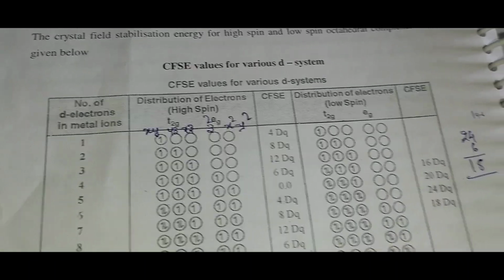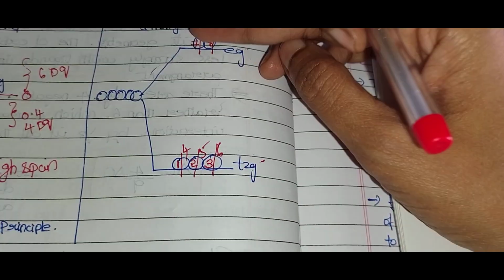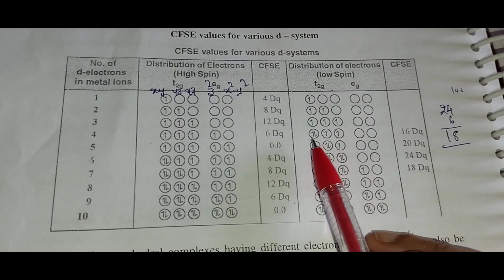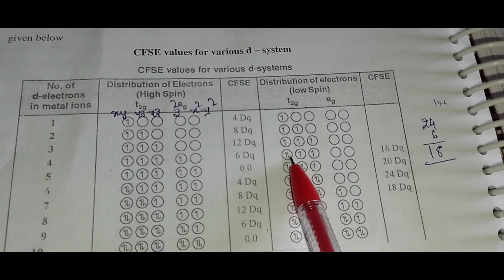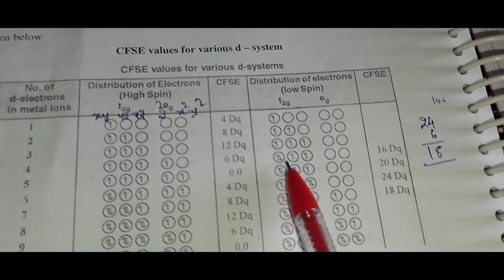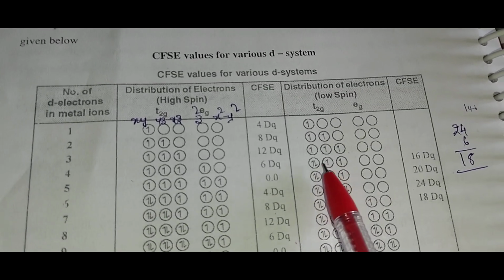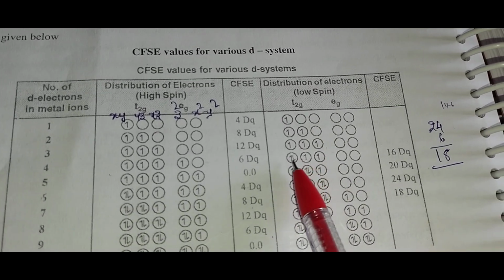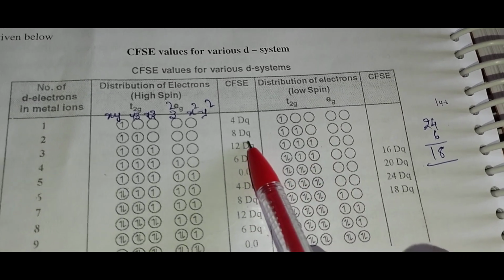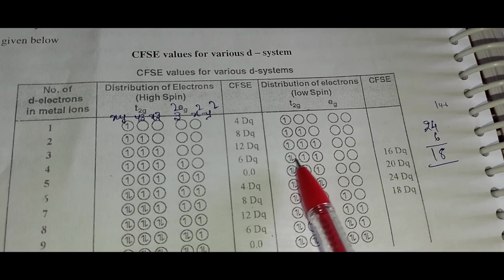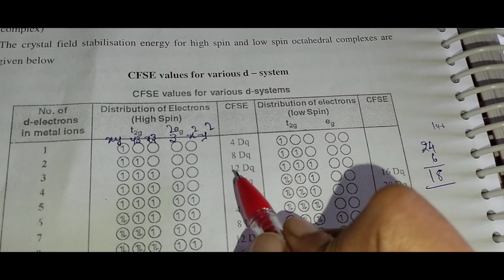When it comes to the fourth electron, because the splitting is more, it cannot go here. So pairing starts here only, as already I told. So in the case of the fourth one, pairing started here only. Then how will we get 16 Dq?